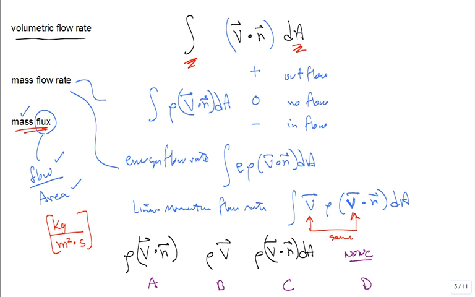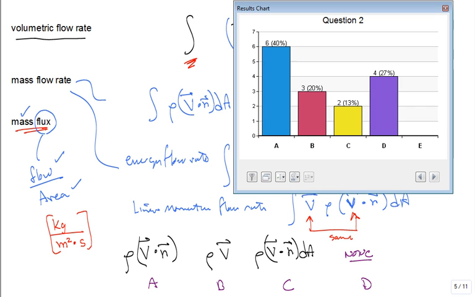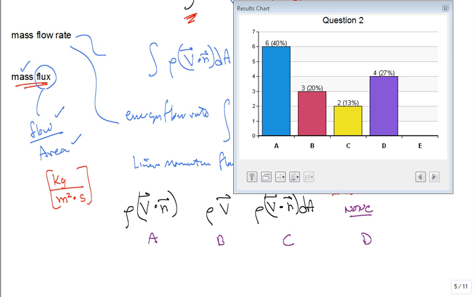Oh, we're all done. Let's see where we stand. Okay, we have quite a distribution, do we not? Sometimes you can rule out some answers by checking units. Let's just say, what are the SI units of this first one? Kilogram per meter cubed times, what is the units on V dot n? Just meters per second.